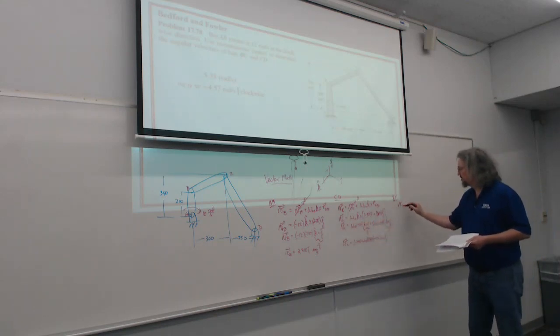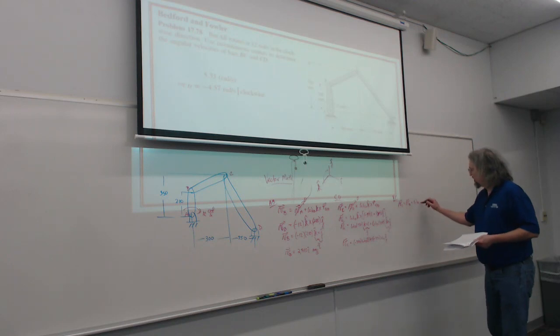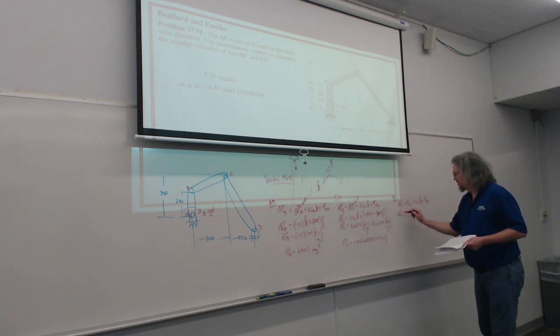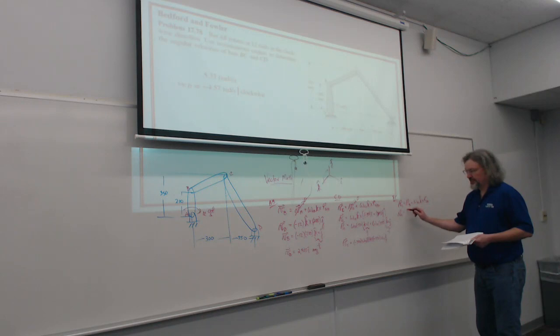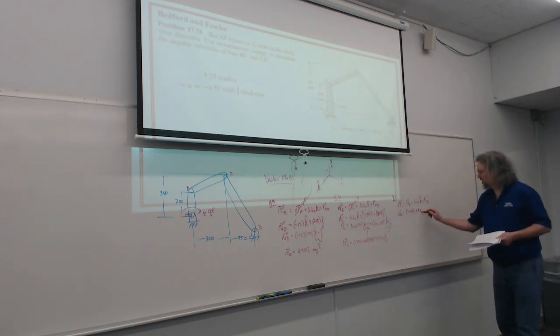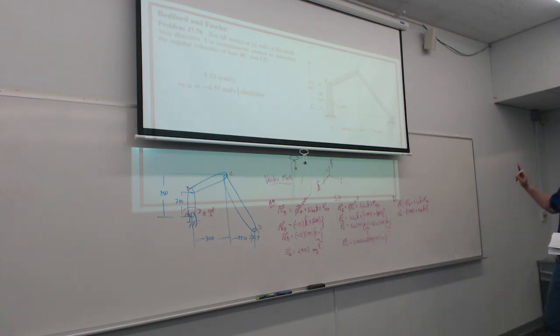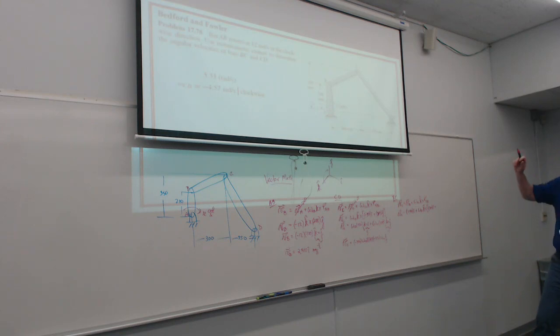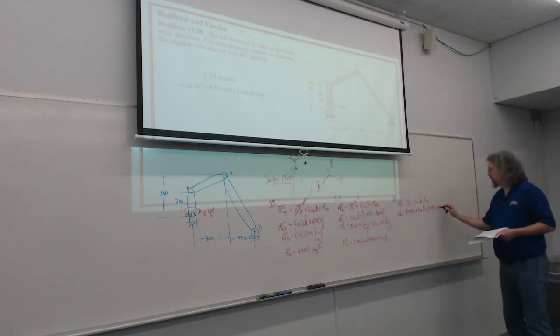So we have the velocity of C. It's going to be equal to the velocity of B plus omega BC K crossed with R C with respect to B. So velocity of C is going to be equal to velocity of B, so that's 2,400 I plus omega BC K crossed with, and we're looking at C from B, so we're going to go to the right, positive 300 I plus, and we're going to go up 350 minus 200, so that's 150 J.